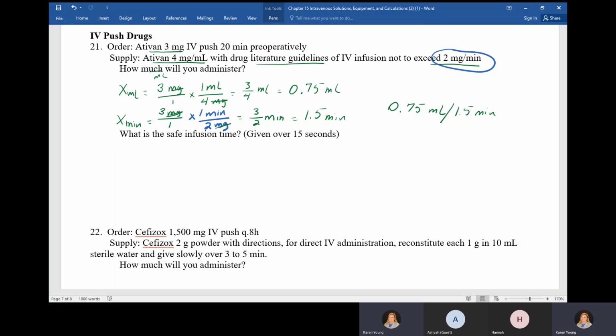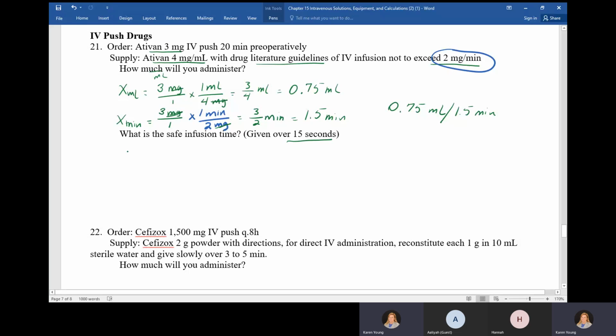An easier way to look at this is to look at how much you would give over 15 seconds. I've always been told you kind of continuously push it in for 15 seconds. But you can do the same thing she was: watch the clock for 15 seconds, and then give the next piece.